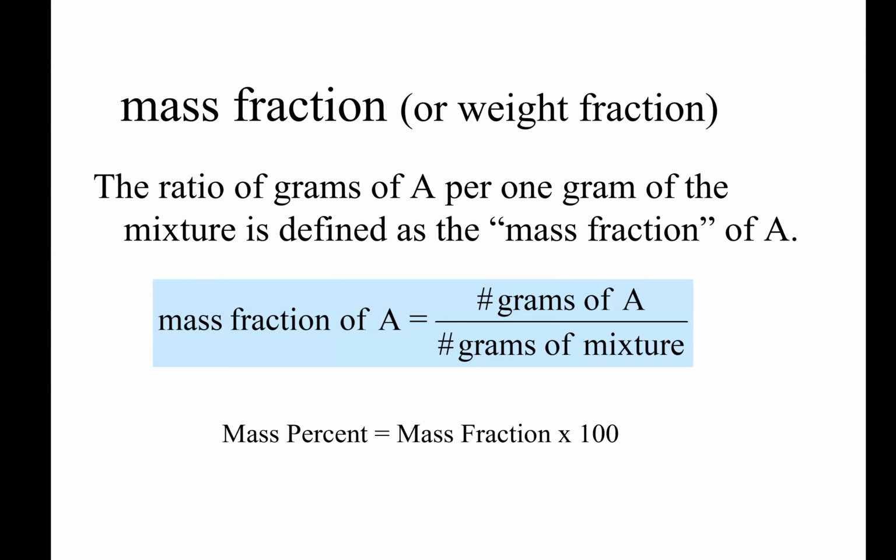See how these differ? And actually at the bottom of this slide, these differ by a factor of 100. That's my only point there. They differ by a factor of 100. Mass percent, parts per 100. Mass fraction, parts per 1.